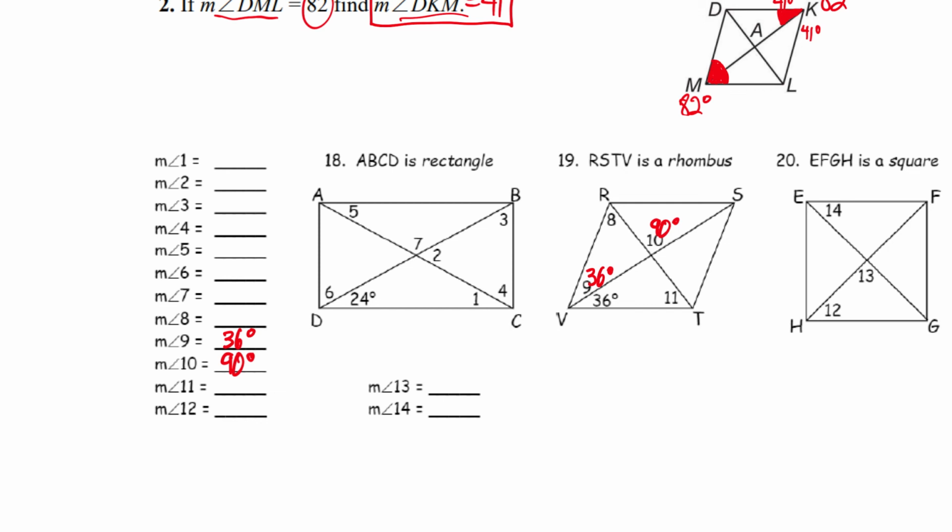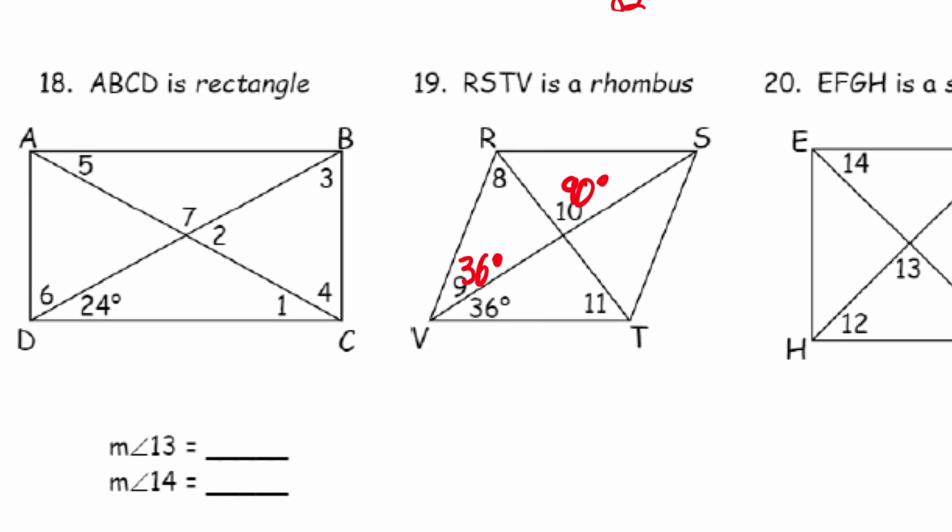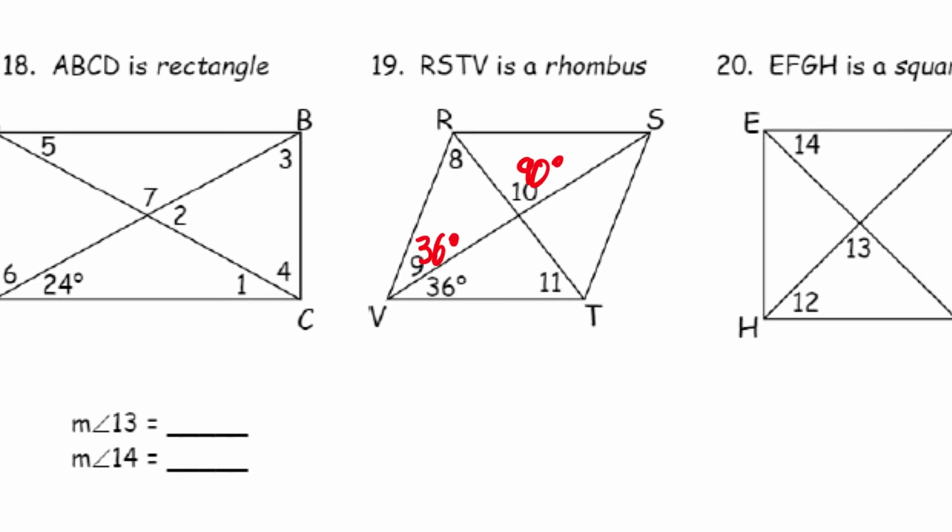Now, to find angle 8 up there, there are two different ways we could do this. Let's do it like this. How big would this angle right here be? It would be 90 also. And now this goes back to another fact that we've used a lot in the past: the three angles inside of a triangle add up to what? 180.